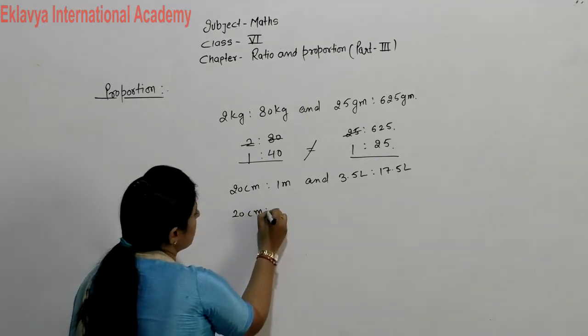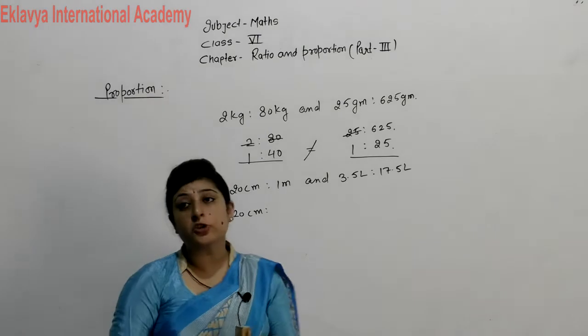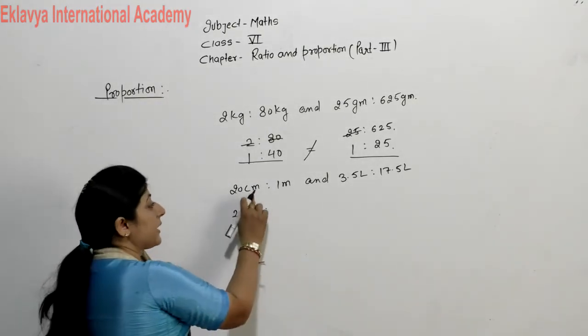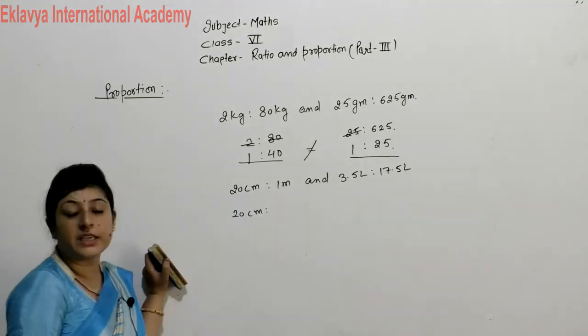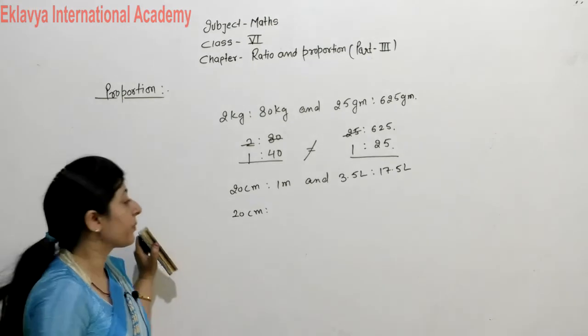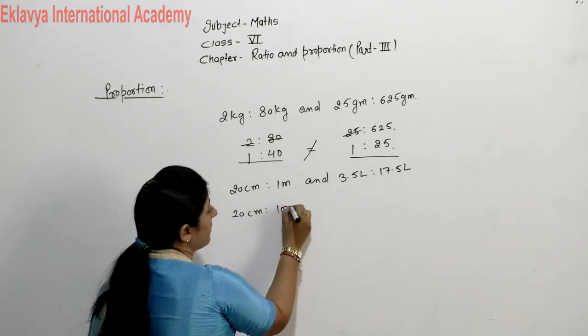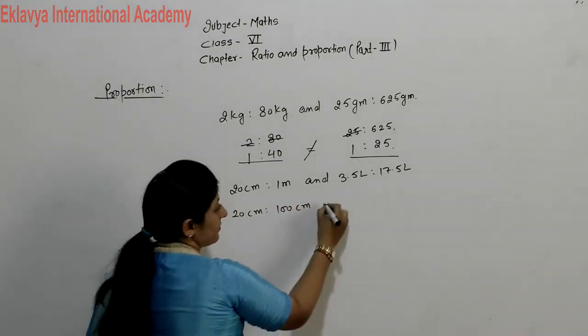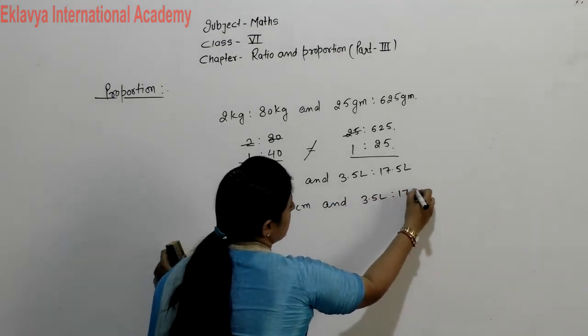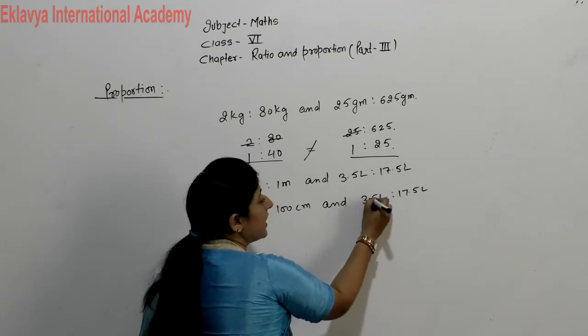Firstly, I always said that ratio should be in the same unit. Here 20 centimeter but here 1 meter. It means firstly we convert 1 meter into centimeter, that becomes 100 centimeter. And this one is already 3.5 liter ratio 17.5 liter.